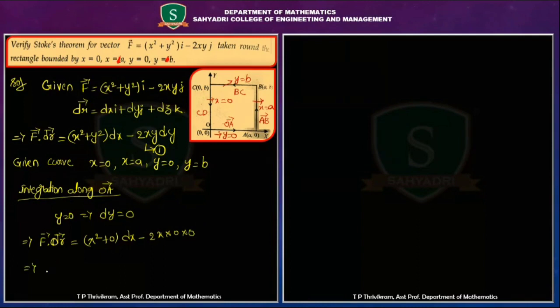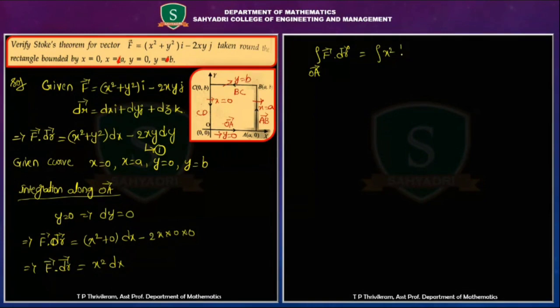So F dot dr value you'll get is x square dx. If you apply integration on both sides, integral of F dot dr over the line OA is equal to integral of x square dx.